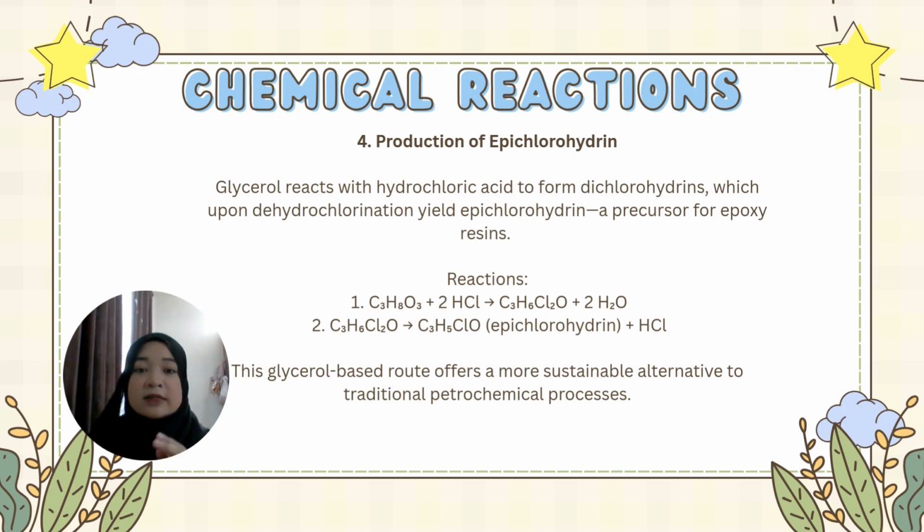Then, in the second step, dichlorohydrin undergoes dehydrochlorination to form epichlorohydrin. This glycerol-based method is more eco-friendly compared to traditional petrochemical processes, making it a sustainable option for the chemical industry.